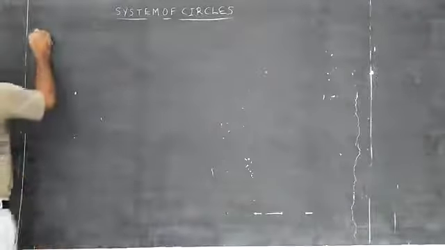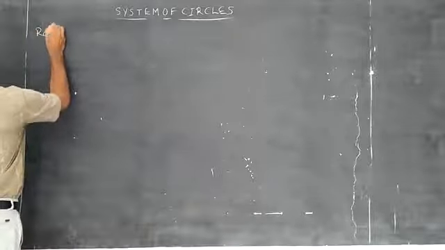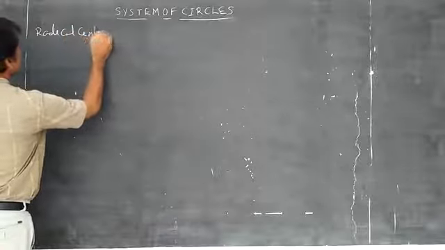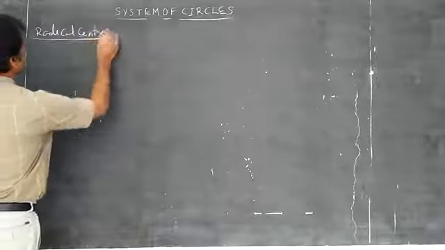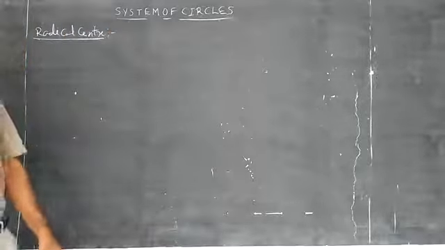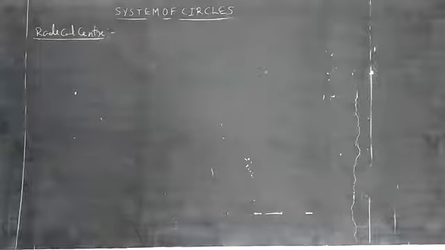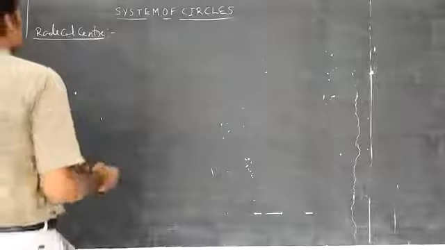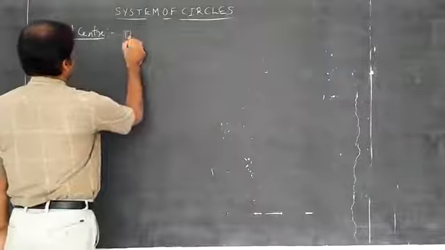Radical center. The point of concurrence of three radical axes of three circles is called the radical center.